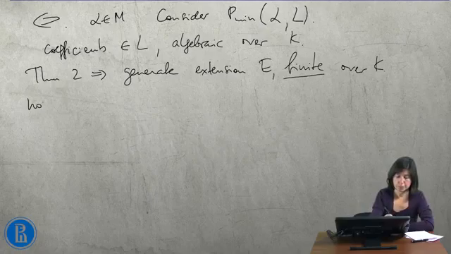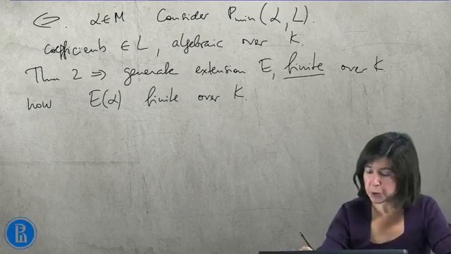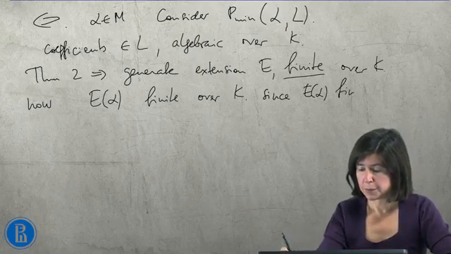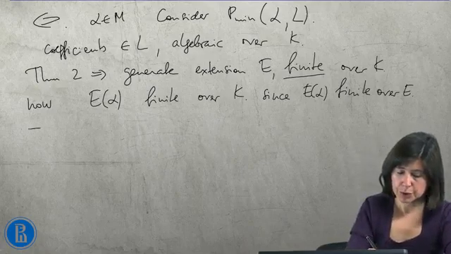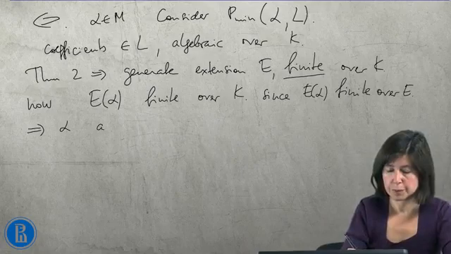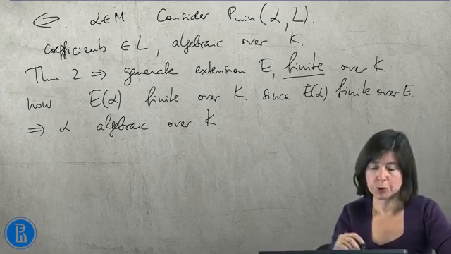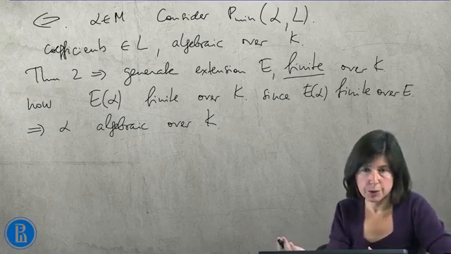Now, E of alpha is also finite over K. Since E of alpha is finite over E, alpha is algebraic over E, and this means that alpha is algebraic over K. Because since E of alpha is finite over K, then there will be some linear dependence between the powers of alpha.